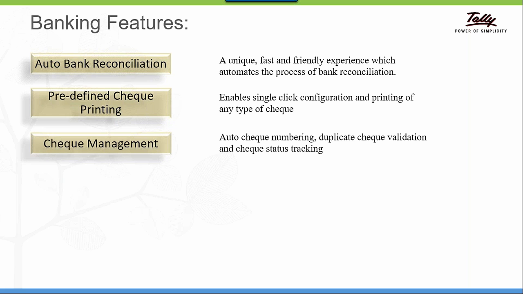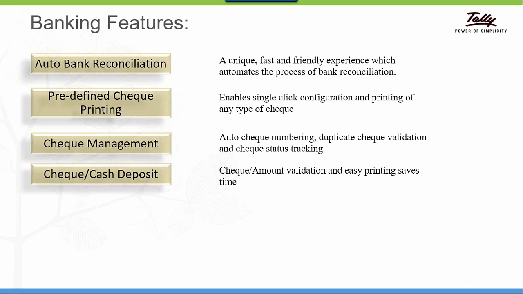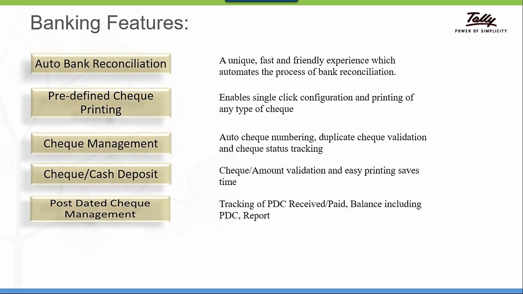Check management helps in these activities, that is auto check numbering, duplicate check validation and check status tracking. Check or cash deposit helps in check or amount validation, and easy printing saves time. Post-dated check management: tracking of PDC received, paid, balance including PDC, and report.